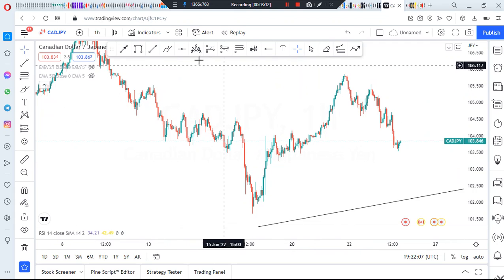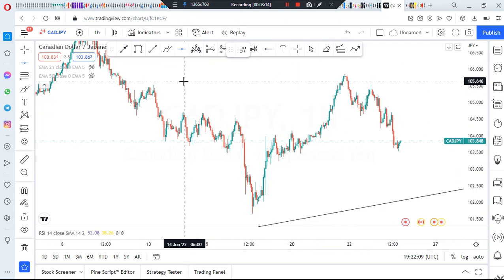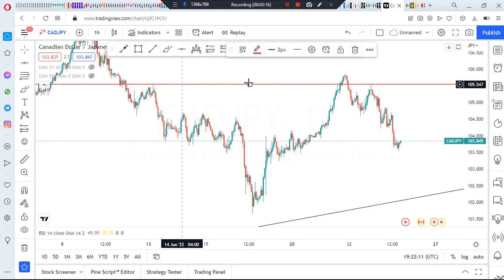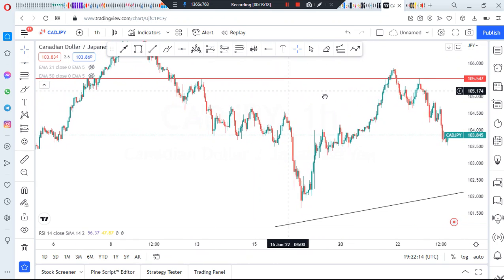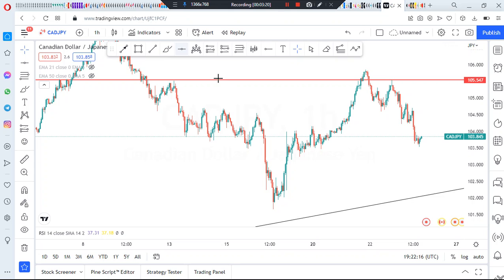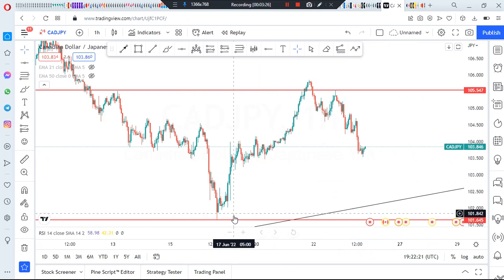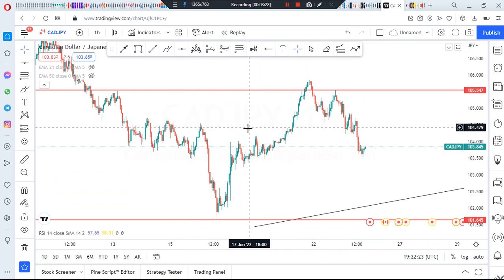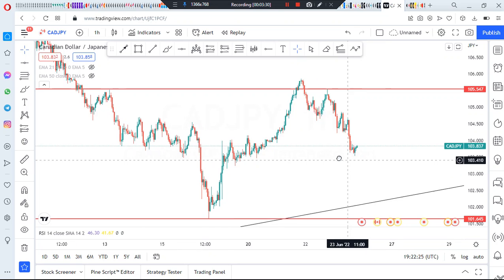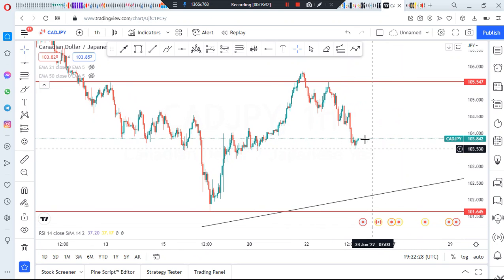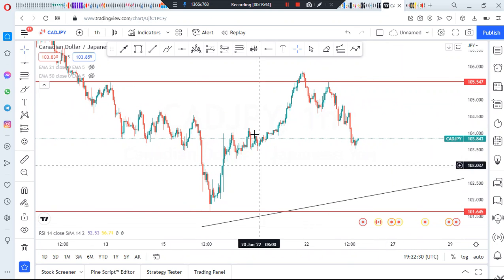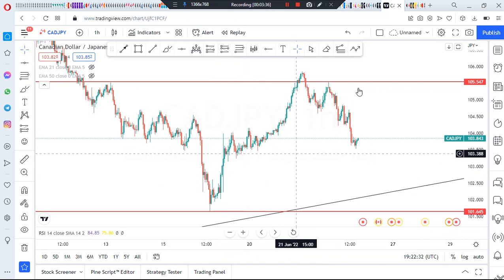This was our top line, and let's put our bottom horizontal line like this here. So we are focusing on the price that is forming within this structure, this area. This is our lowest part and this is our highest part.